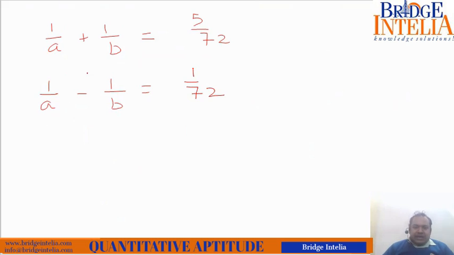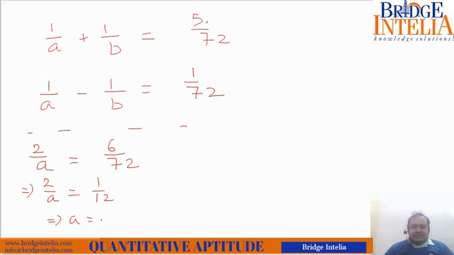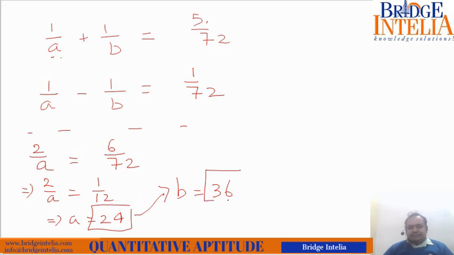If you add these two, 2 by A is equal to 6 by 72. So 2 by A is equal to 1 by 12, which means A is equal to 24. If you substitute here, you will see that B is equal to 36. So this way you can find out.